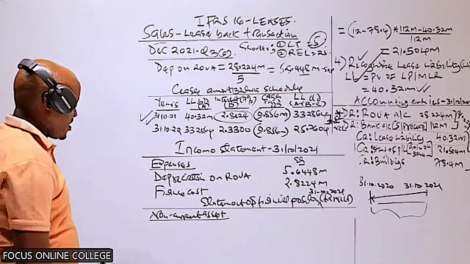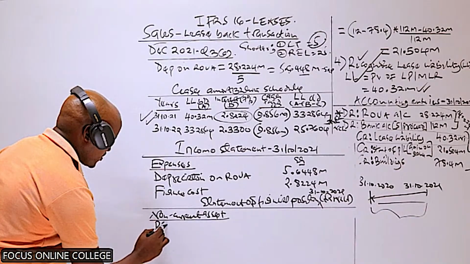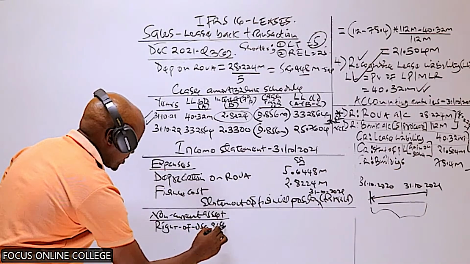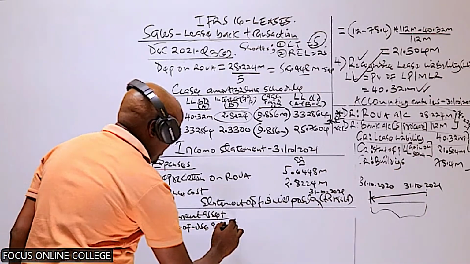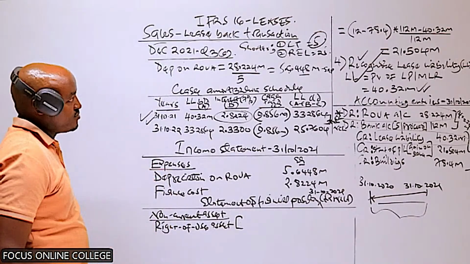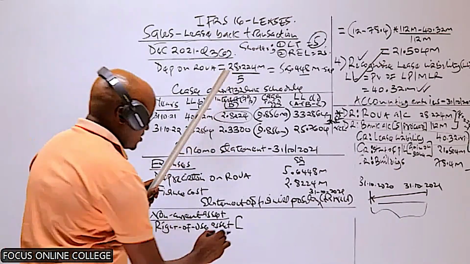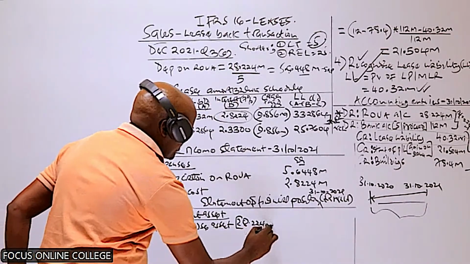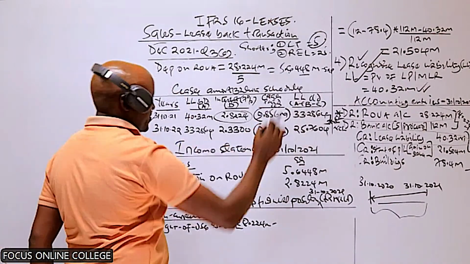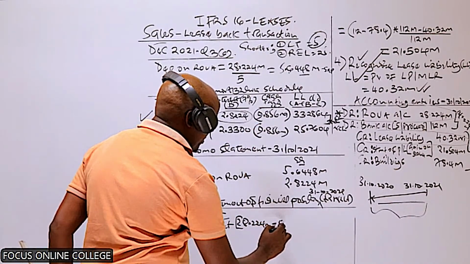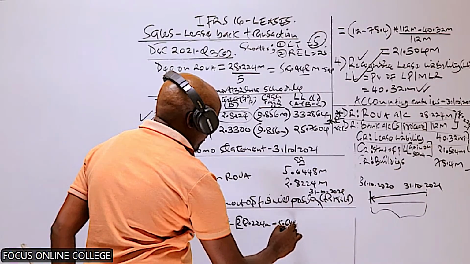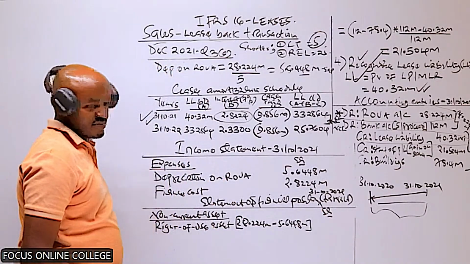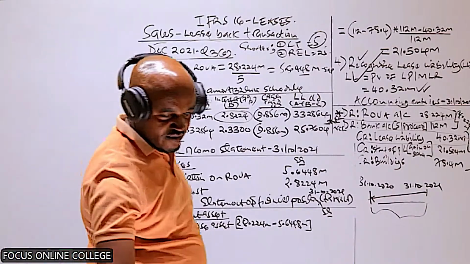2021. So under the non-current assets, this company was supposed to recognize the right of use asset at the net book value. The net book value will be equal to the cost, 28.224 million, minus the depreciation for 1 year, 5.6448 million.